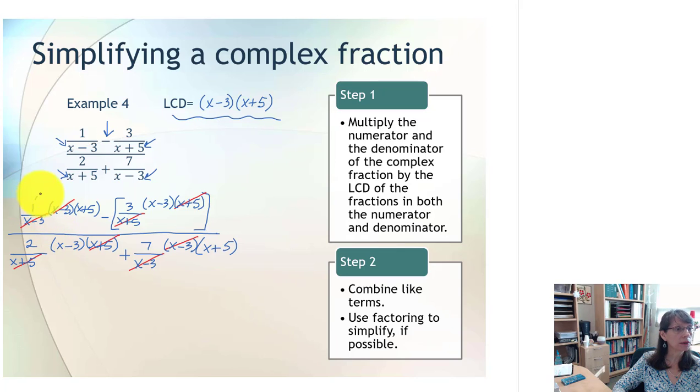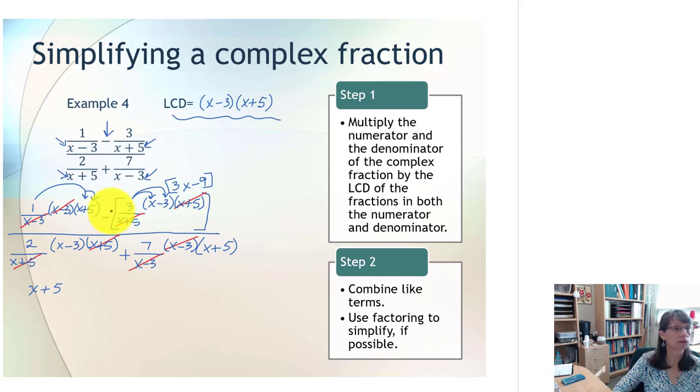I have 1 multiplied by this quantity. So that leaves me 1 times x and 1 times 5. So that would be x plus 5. Inside of the bracket, I have 3 times x and 3 times negative 3. That leaves me 3x minus 9. But that is still inside the bracket.